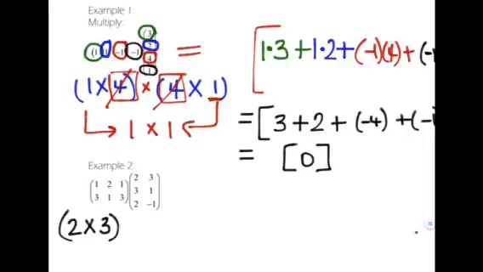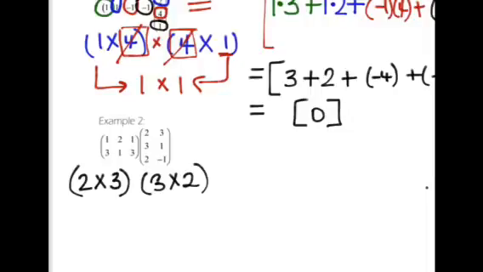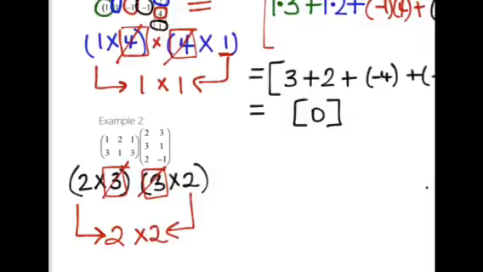This next matrix has 1, 2, 3 rows and 1, 2 columns. So this is a 3 by 2 matrix. You are supposed to check that these two numbers are the same. They are. They will cancel out, and you will end up with a 2 by 2 matrix in the end.